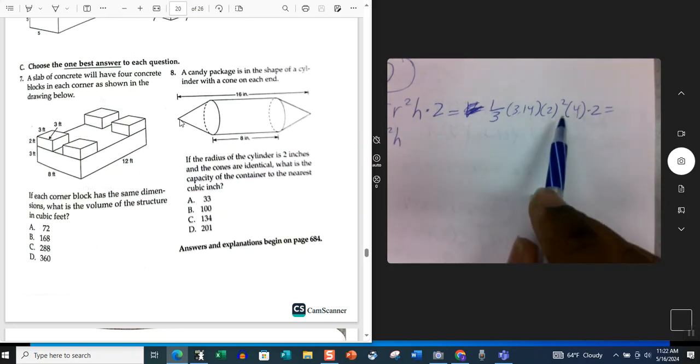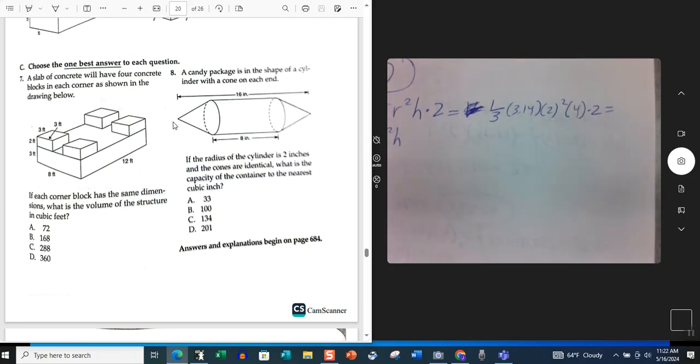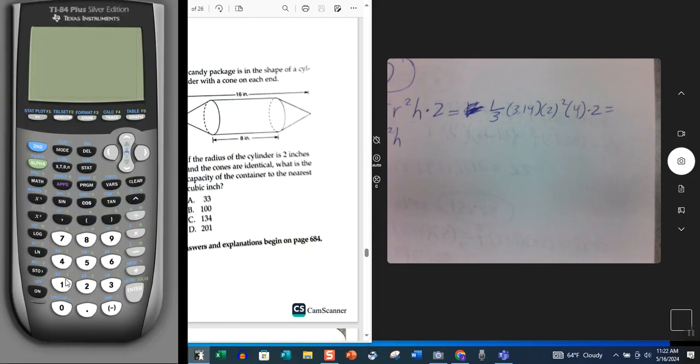So now let me just put this in a calculator real quick. I have to do this a little different because I'm using a different calculator, but you all could put this in your calculator as a fraction. So you have 1/3 times 3.14.